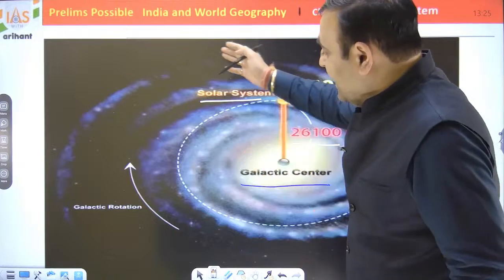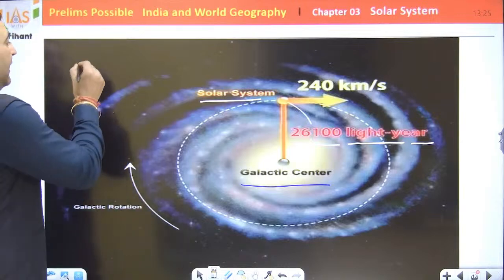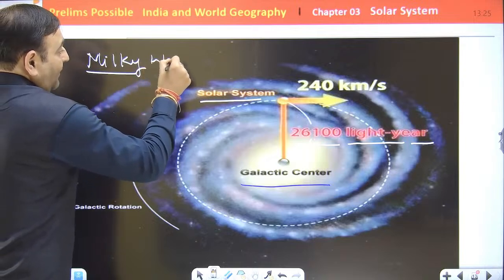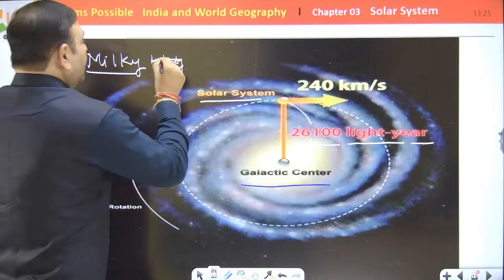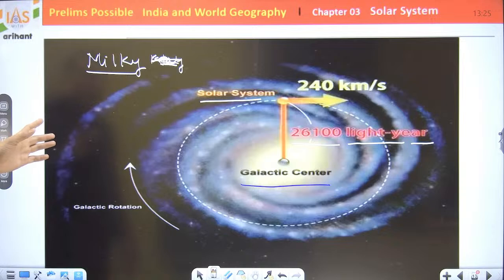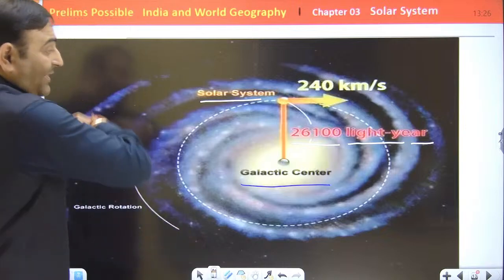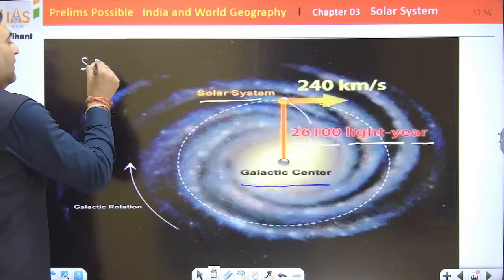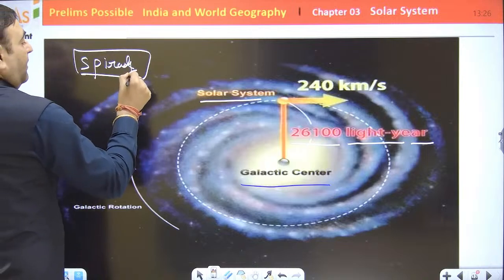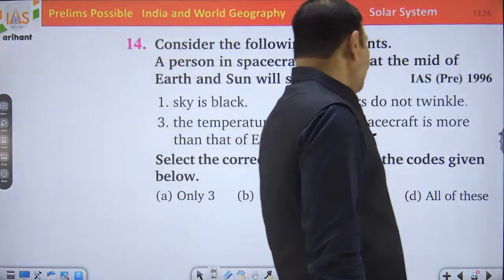And we are seeing that this is the Milky Way, this is a galactic rotation, this is the galaxy, and the shape is spiral. Clear? It is spiral in shape.